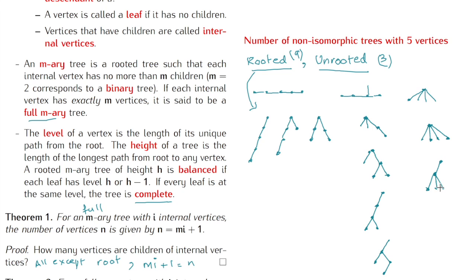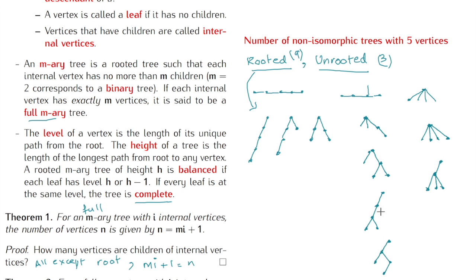Okay, so now you can appreciate that all of them are non-isomorphic to each other. Some of them have different heights, some have different children forms, some have a different number of siblings. For example, if you check this guy and this guy, this has 2 levels and this has 3 levels, so clearly non-isomorphic.